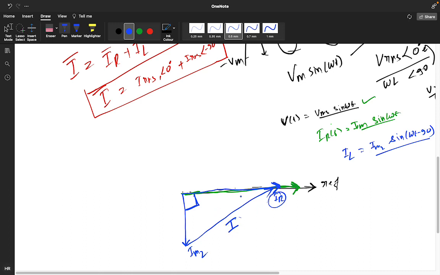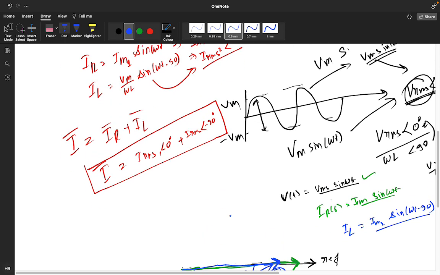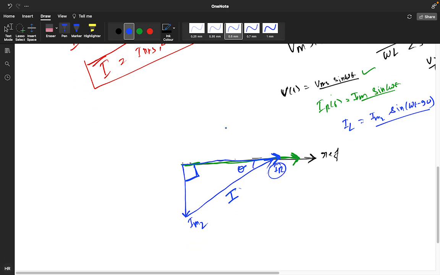So your phasor will be like this, and wherever the IR, meaning the resistance part, is there, you have to consider theta there. Is this clear to everyone, how I drew it? This part is clear. Prasanna, is this clear? Yeah. So we are getting the things like this.